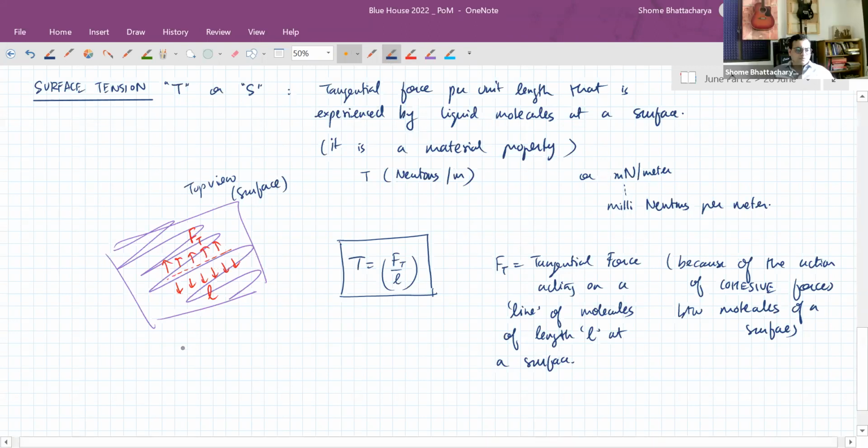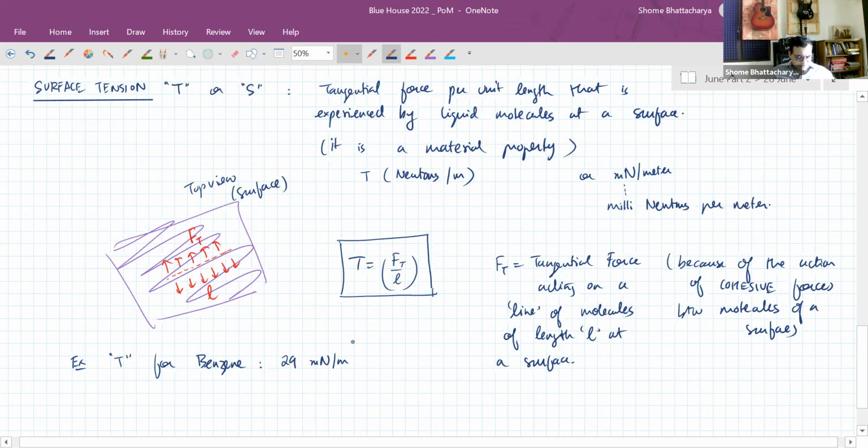Just to give you some examples, the value of surface tension for common fluids, for example benzene, has a surface tension of almost 29 millinewtons per meter.